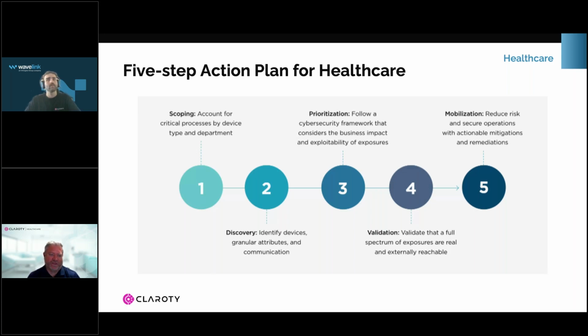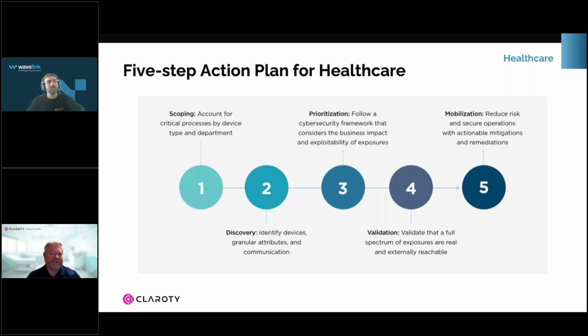Going around then to discovery of those devices, the attributes, the communication map that they currently have, and the prioritization of a security framework. So again, we mentioned NIST or ISO 27001. If they're the ones that are right for your business based on impact and exploit, then great. We'll help you map through those to create that exploitability of exposure in your environment.